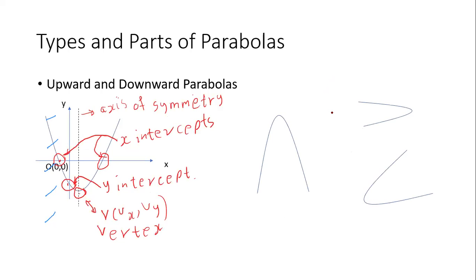Okay, first, types and parts of parabola. We have to know what a parabola is. We call this shape a parabola. Let me erase this stuff from the previous slide.